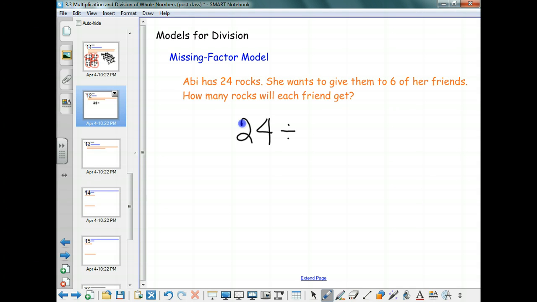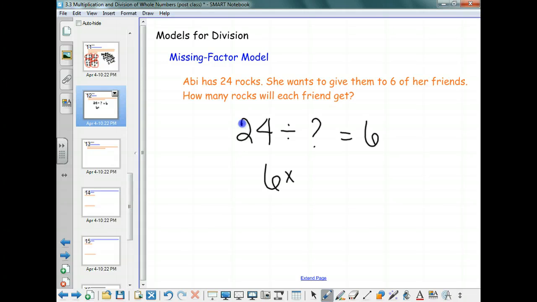It looks like the definition of division. We have 24 rocks, and we're going to divide them by something to get 6. It's a missing factor. We kind of did this model with addition and subtraction. Do you remember that? Looks very similar. And so then we fill in the missing factor. You can do this directly if you knew division facts, but most often when kids are first learning division facts, what they're encouraged to do is to change it into multiplication, which is the definition of division, right?